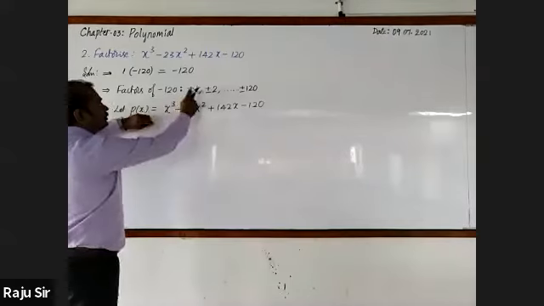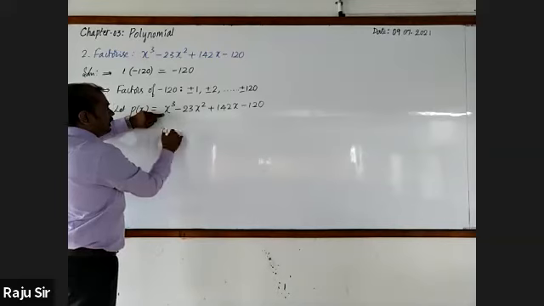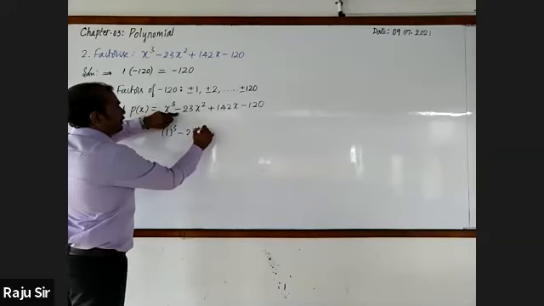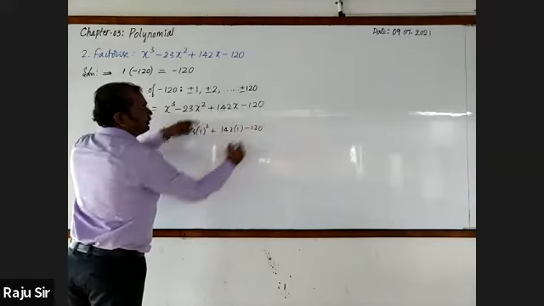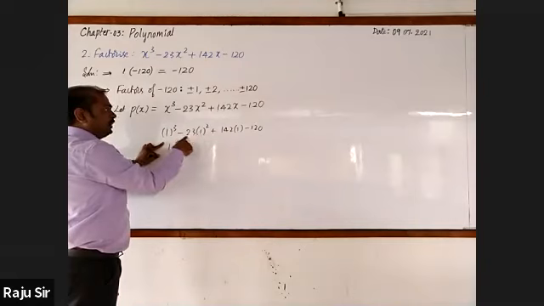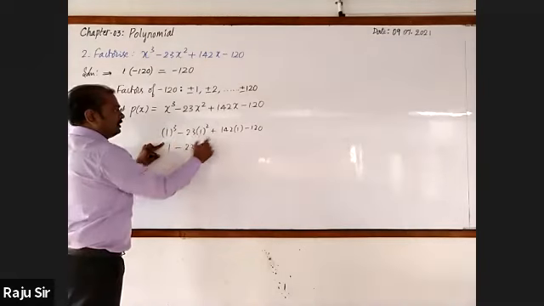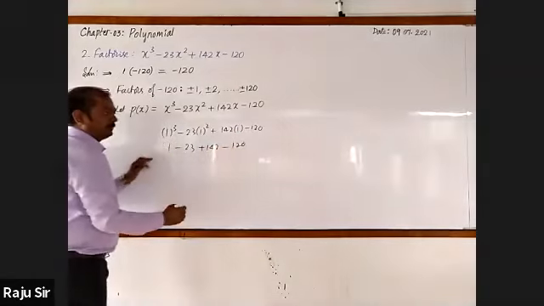I take 1 in place of x. Now this time, please don't write. Just observe. If I write 1 in place of x, let us see what will be the value. Here it is 1 cube minus 23 into 1 whole square plus 142 into 1 minus 120. Here 1 cube is 1, 1 square is 1, 1 into 23 is 23, 142 into 1 is 142, it is minus 120.